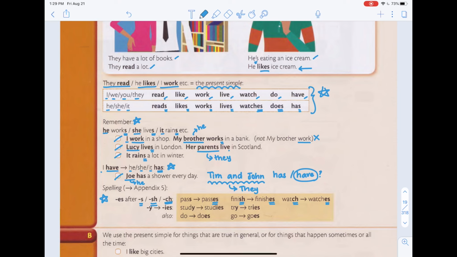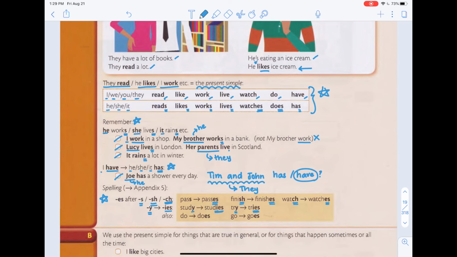Now words that end with y, you would change it to ies. Study becomes studies. Try becomes tries.